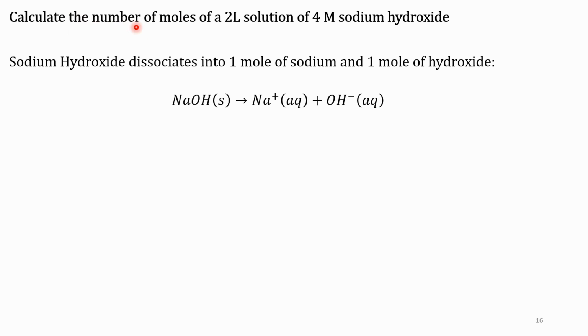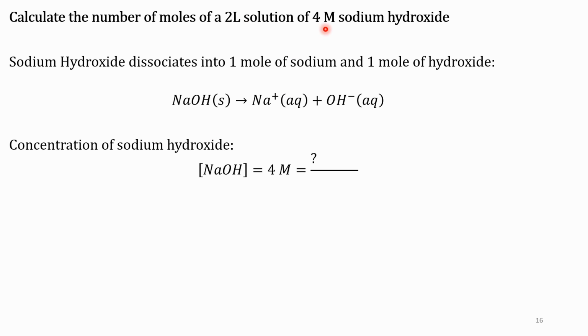We want to calculate the number of moles. So we have the concentration of sodium hydroxide, that's 4 molar, and we want to solve for the moles of sodium hydroxide. If we know the molarity and we know the volume, we can multiply those to calculate the moles.